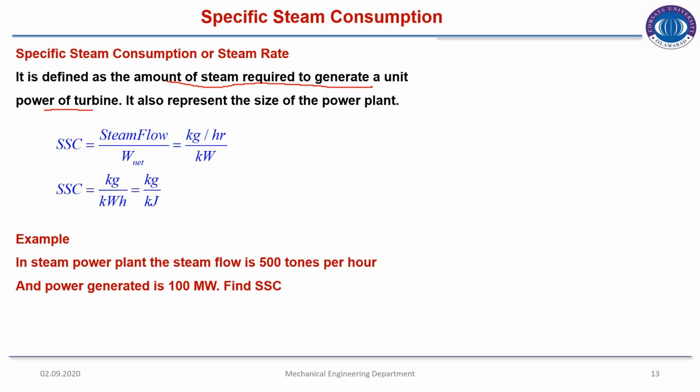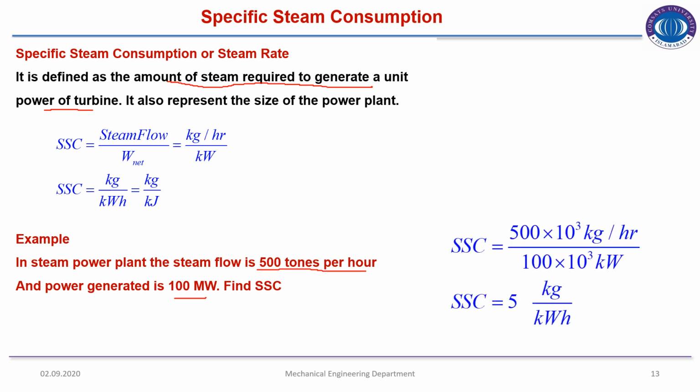For example, it is written that in a steam power plant, the steam flow through the turbine is 500 tons per hour. So 500 tons of steam is entering the turbine per hour, and the power generated by the turbine is 100 megawatts.